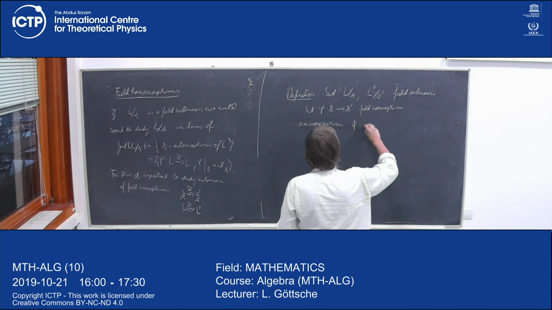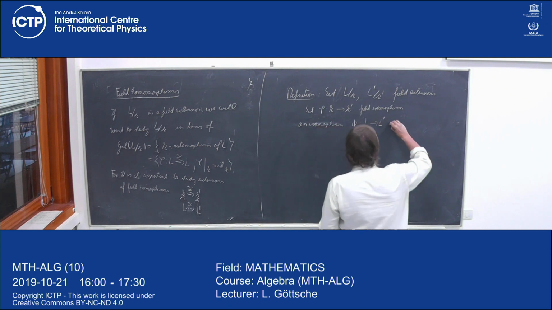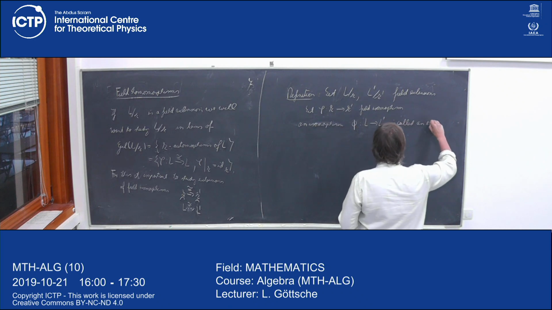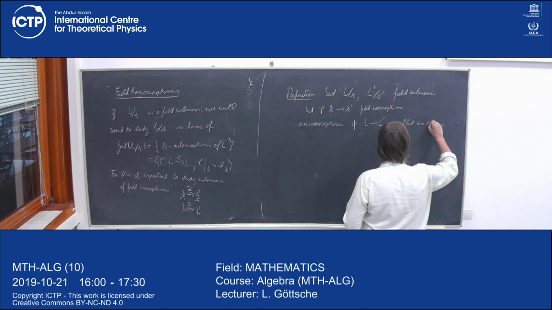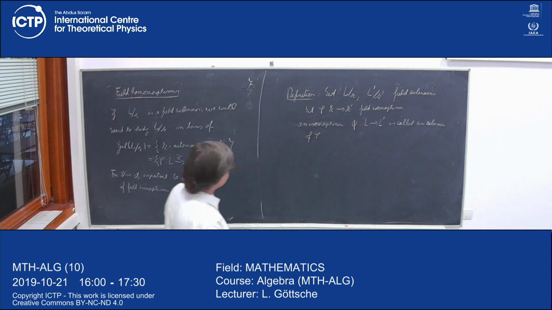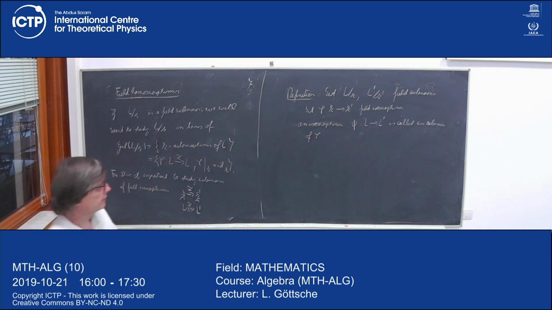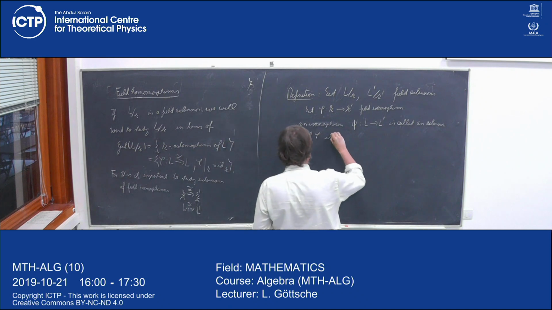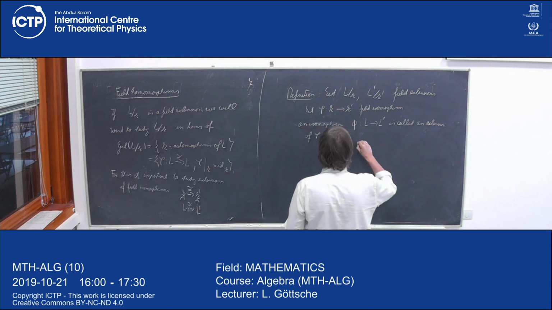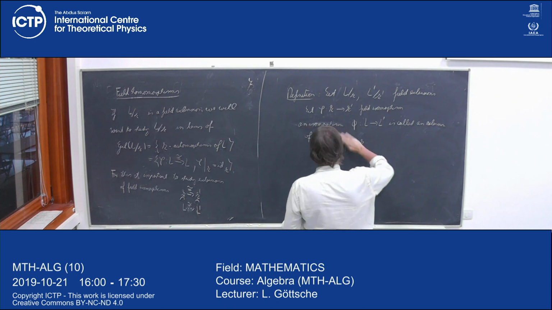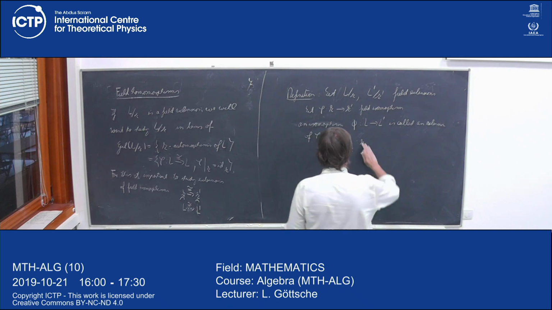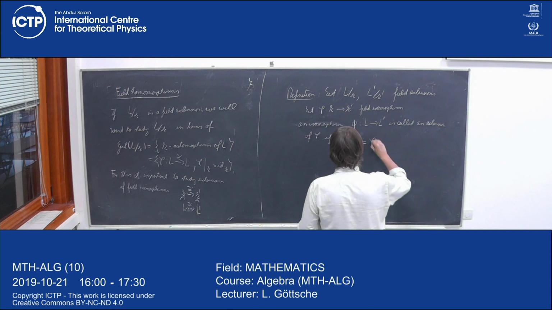from L to L prime is called an extension of phi, if I restrict it to k, I get the small phi. So if phi restricted to k, as a map to its image, is equal to small phi.